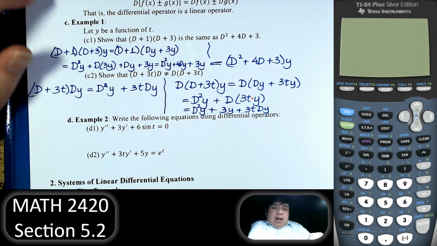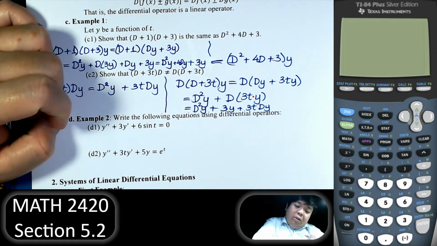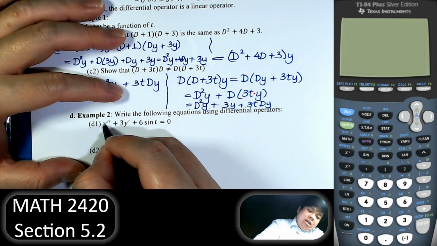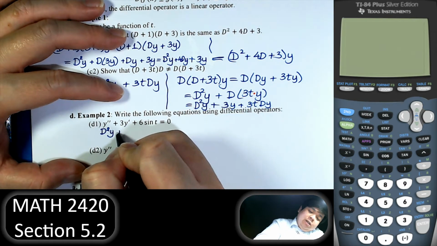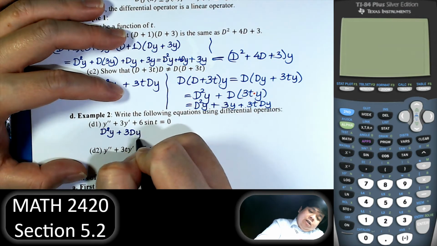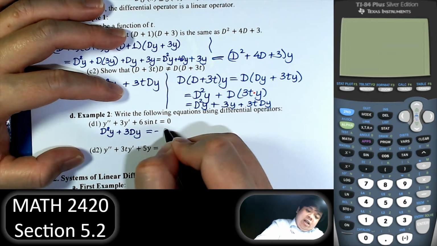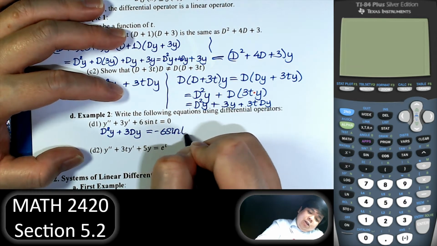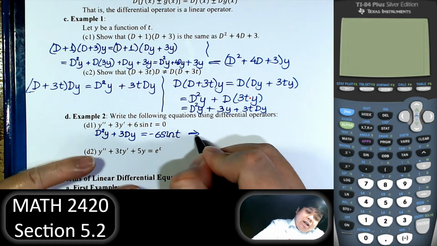Now let's rewrite this equation using differential operators. That should be easy. Second derivative, first derivative, and this is the function by itself. I just moved it to the other side. There's no y here, so just write it like that. If we want to, we can factor out y.